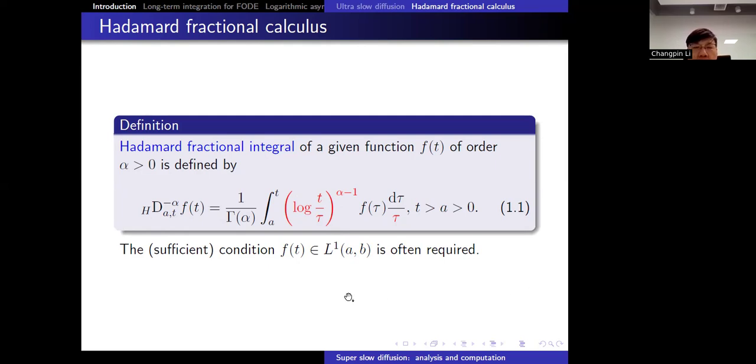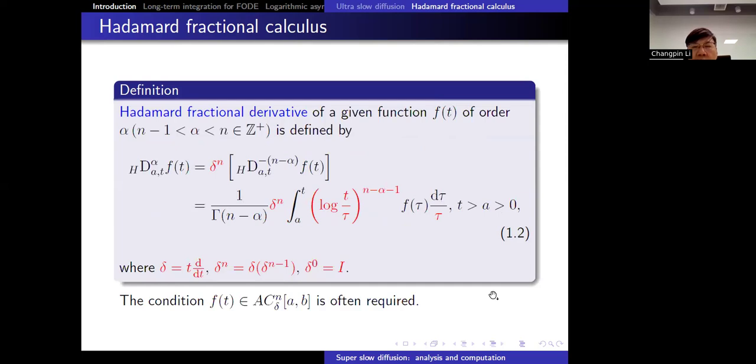According to this Hadamard fractional integral, we can define the Hadamard fractional derivative, where given function f of t with order alpha, alpha is in the interval from n-1 to n. It is given as follows. This is the fractional integral, then differentiation. So integration first in the Hadamard case, then differentiation.